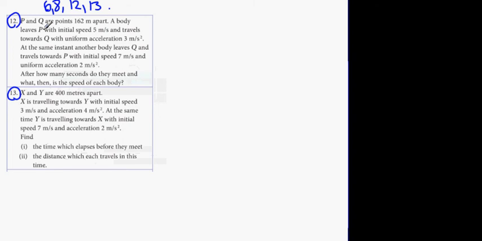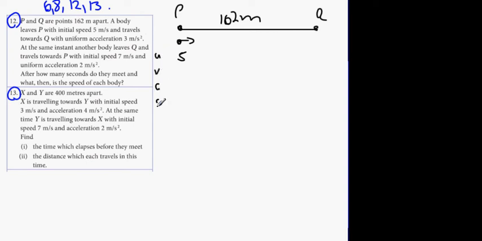What we have here is P and Q are points 162 meters apart. Okay, so there's P and Q, and they're 162 meters apart. A body leaves P with initial speed 5 and travels towards Q at a uniform acceleration of 3, so we're going to do a u v a s t for this.